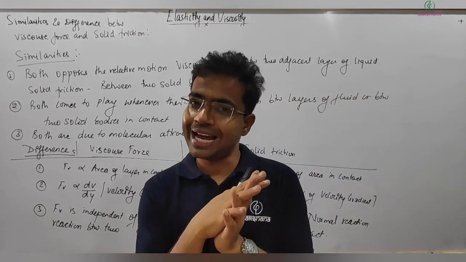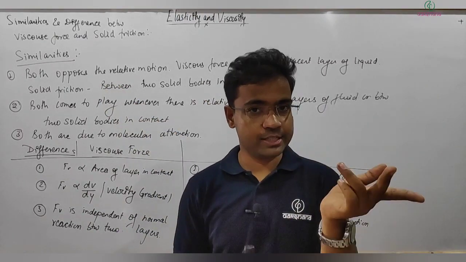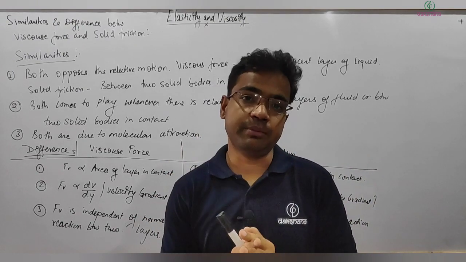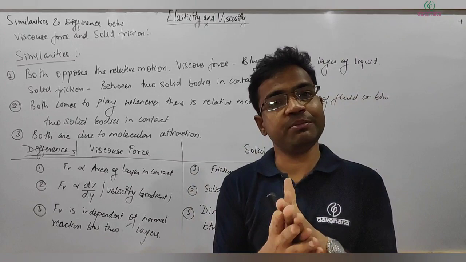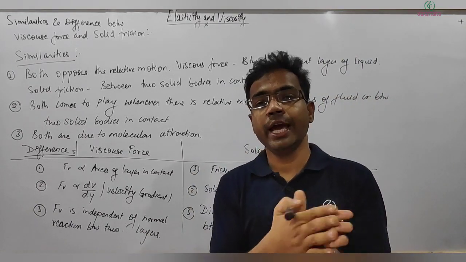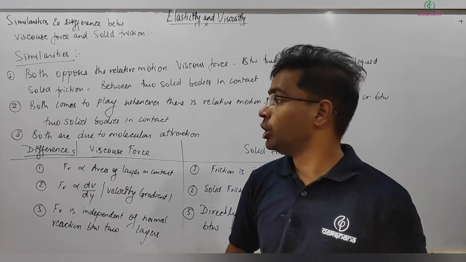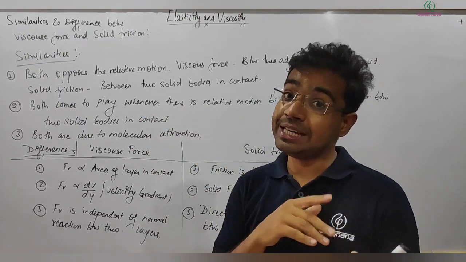So viscous force and friction force, first let me talk about similarities. Both are basically opposing the relative motion. So both oppose the relative motion: viscous force between the layers of the fluid and friction force between the two bodies in contact. Both come into play whenever there is some relative motion.